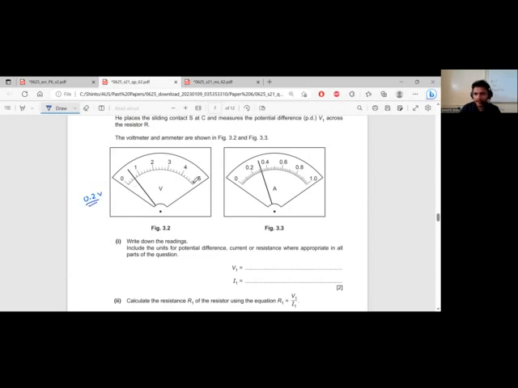Okay. Now here there is 10 division between 0 and 0.02. So each of these divisions should be 0.02 ampere.